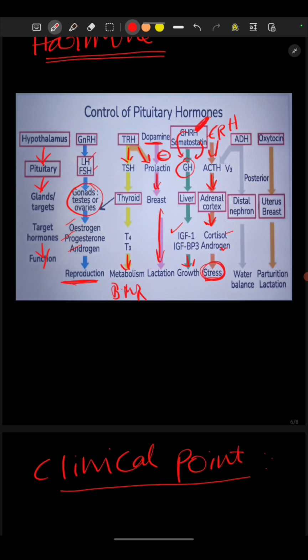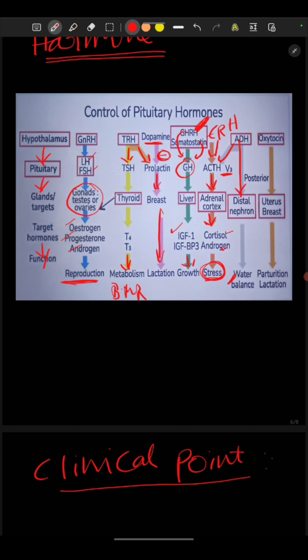Antidiuretic hormone or vasopressin also stimulates the production of ACTH via V3 receptors, and its main function is water balance by acting on the distal nephron.